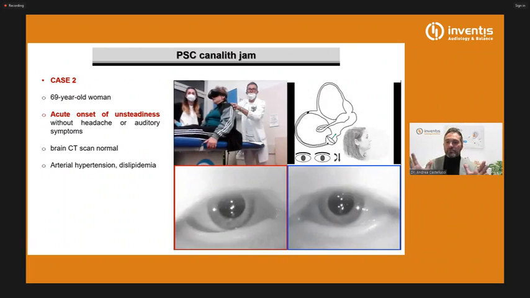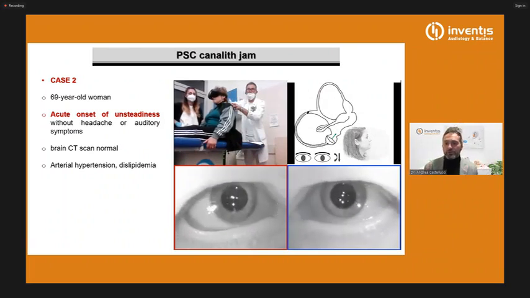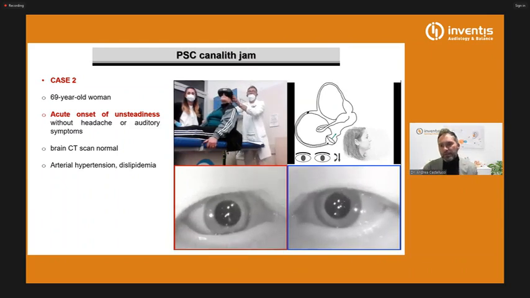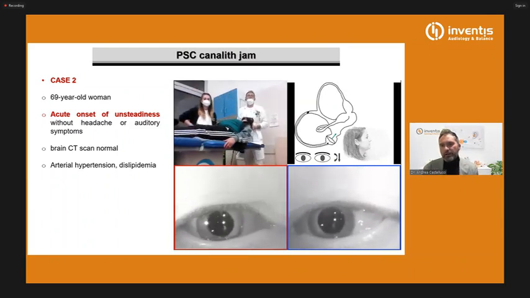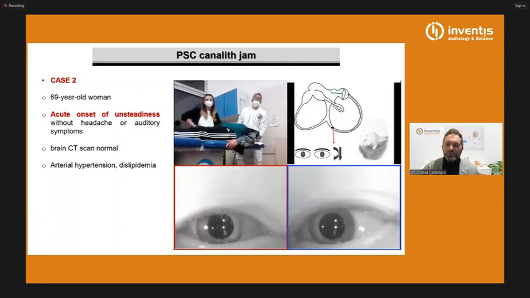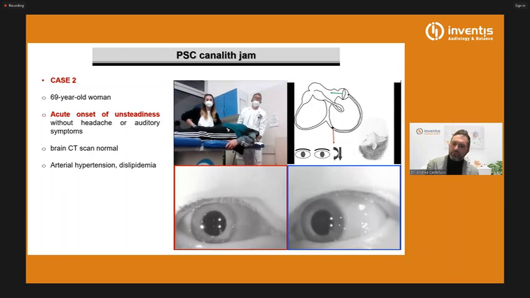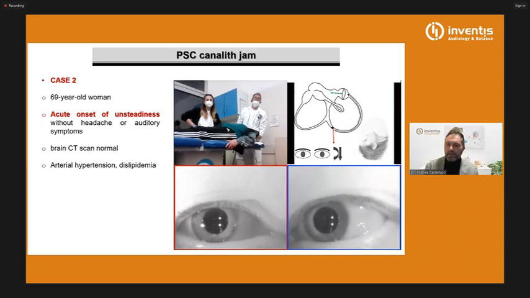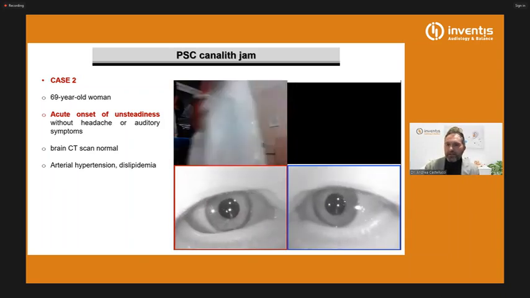Now we bring the patient back in the upright position, and nystagmus starts to fade again. Now we bring the patient again in the Hallpike test on the left side. You can see here that there's pretty much no difference between right Hallpike test and left Hallpike test. In both Hallpike tests, we have an increase of spontaneous nystagmus because there is gravity that acts in the same direction.